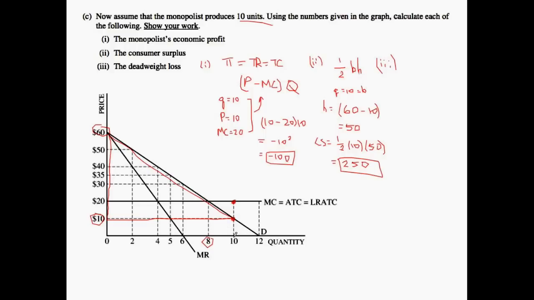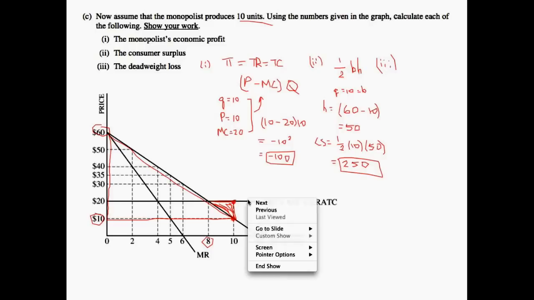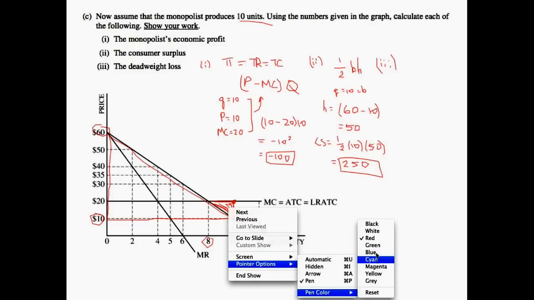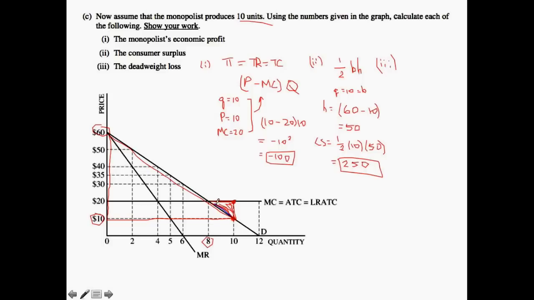Here we're at 10, and therefore your deadweight loss is actually going to be this triangle right here. So I'm going to see if I can actually go ahead and draw that out. Okay. In fact, I think I'm going to change this color to blue so that you can see that a little bit more clearly. Okay, so that's your deadweight loss.